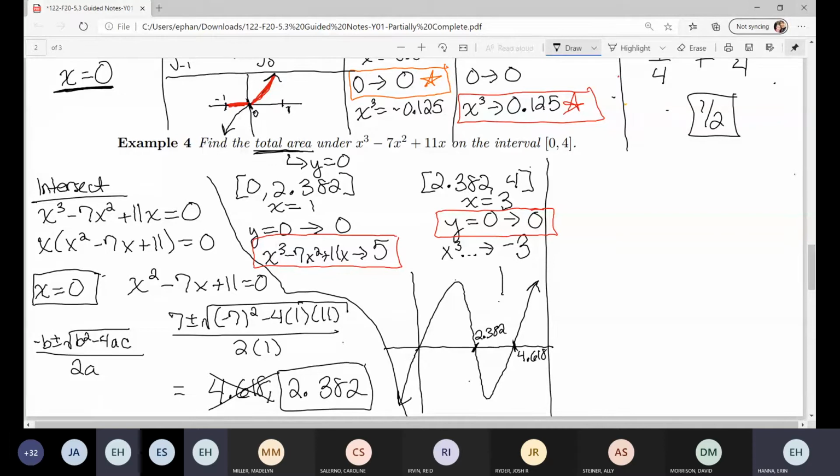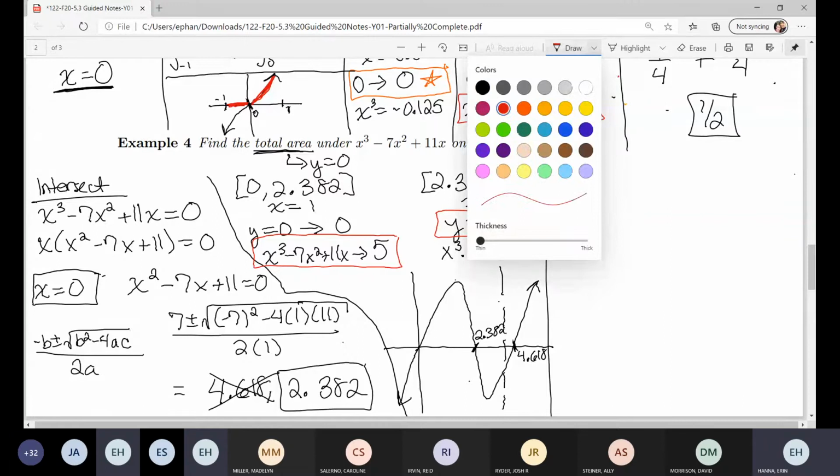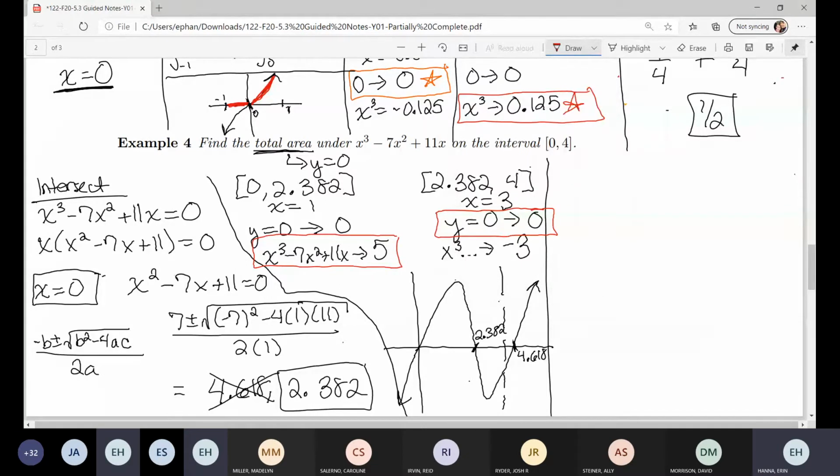So we're going to stop right here. Which function is on top of the other when we're comparing that x cubed thing to the x-axis? The cubic will be on top in the first piece, which is exactly what the algebraic way got us. And then the x-axis will be on top in the second piece, which again is what we already had.